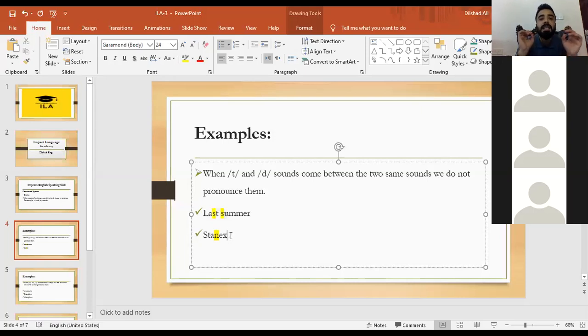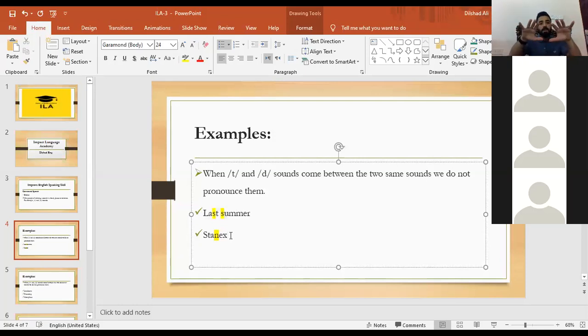Stand next. Even if you say stand next, okay, but you can say stand next, because most of the time the T at the end will not be pronounced. Stand next. You see?